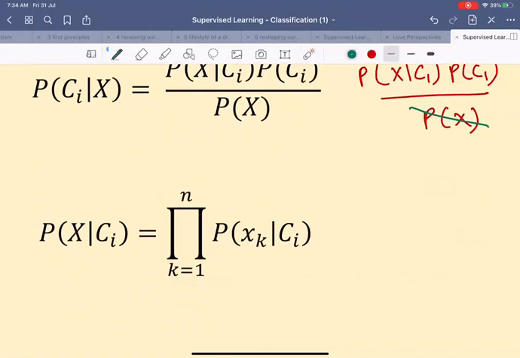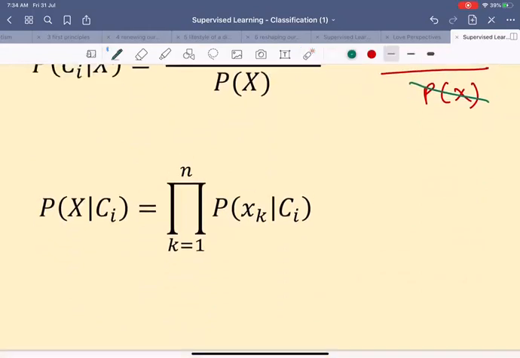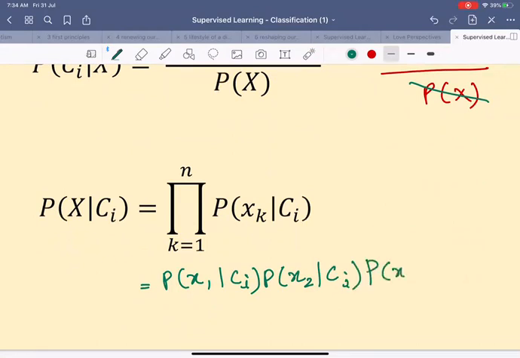So in our case, this would be evaluated as probability of small x1 given ci multiplied by probability of small x2 given ci multiplied by probability of x3 given ci, and then dot dot dot probability of xn given ci.